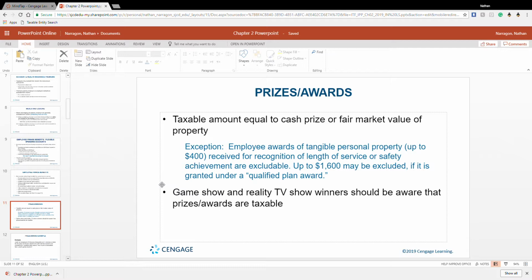The bad thing is, most likely, you cannot afford it, so you have to give up what you want in order to pay for the tax. It's a sucky thing, but that's what happens. So be aware if somehow you appear on a game show or reality TV, you're going to have to pay tax on those prizes or awards that you have, not excludable.